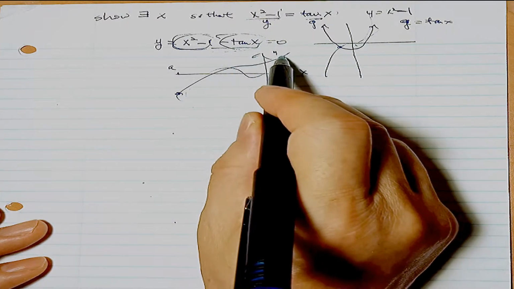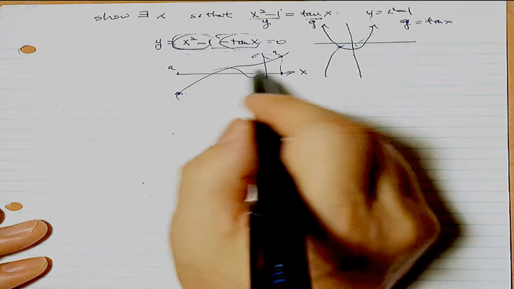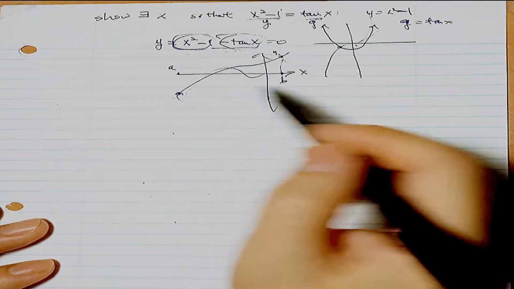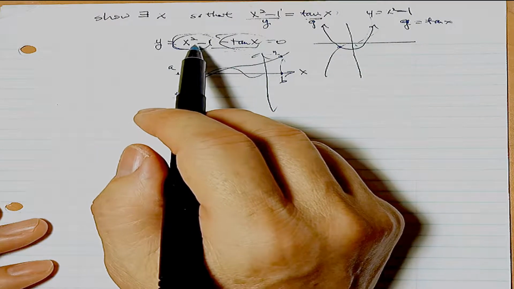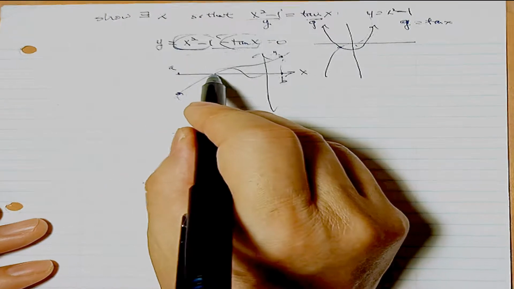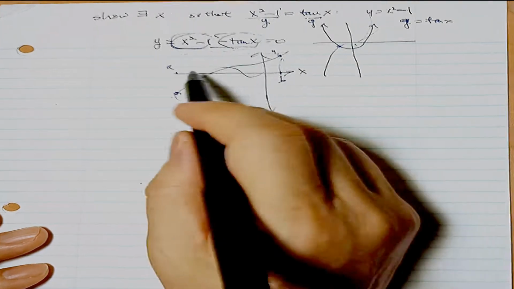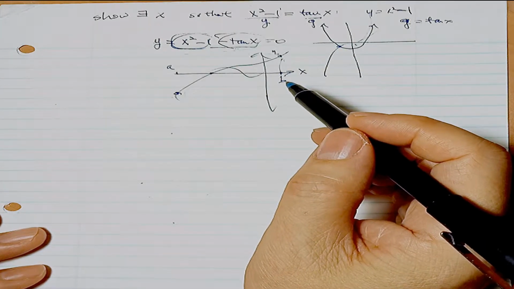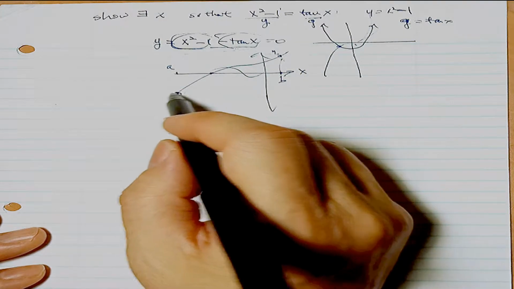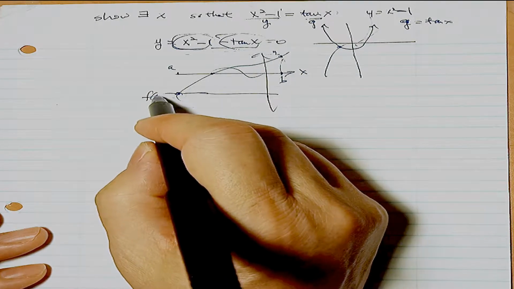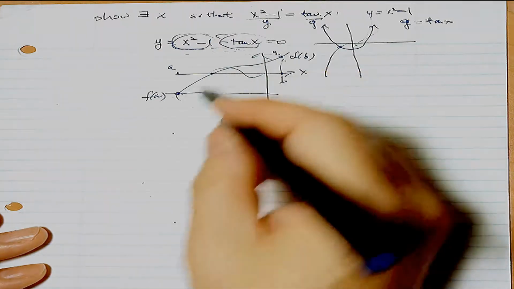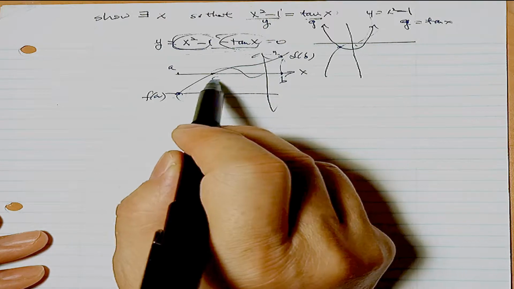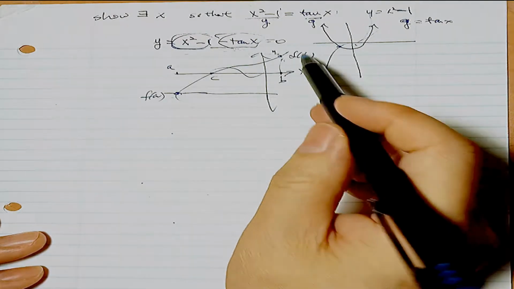Now, the function is continuous between these two, a and b. Well, if this function is continuous between a and b, then somewhere there must be a point that crosses the x-axis, and therefore 0. That is the intermediate value theorem. Some intermediate value between f of a and f of b, such as 0, there must exist a number c so that f of c is 0, somewhere between a and b, right?